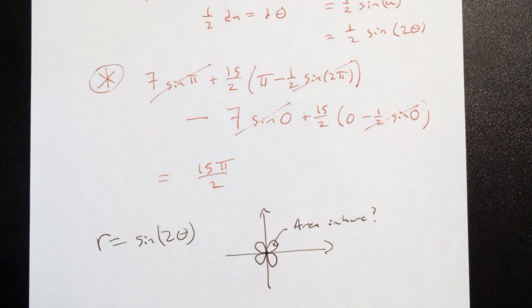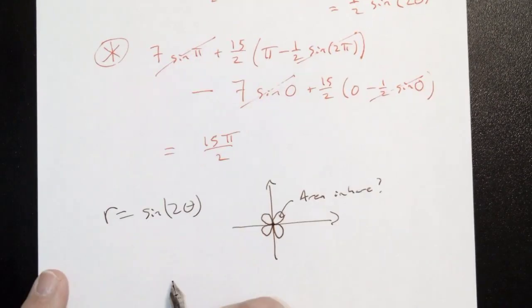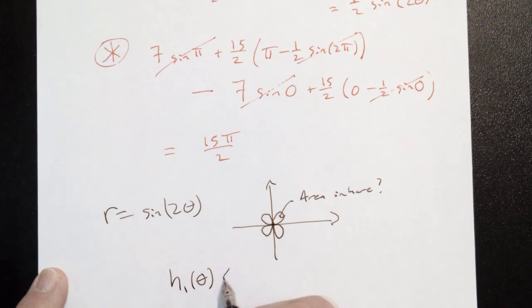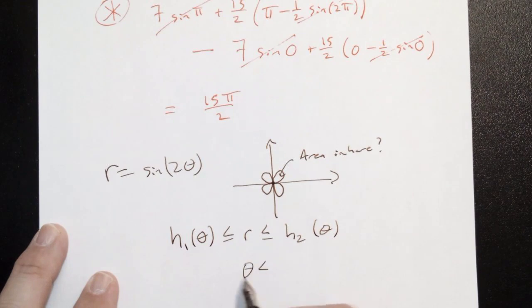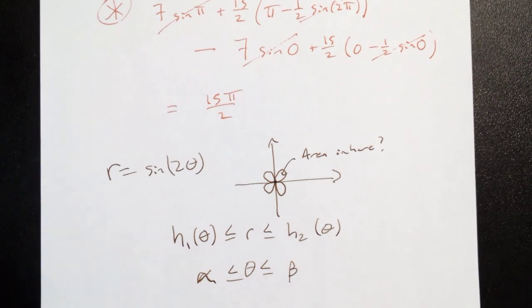So a type 1 region in polar, they don't call it that in the book, would make sense if I had a boundary in r that was a function, and then boundaries in theta that were numbers. The textbook uses alpha and beta for numbers for the angle rather than a and b, because a and b they think of radii, because r is in Roman and theta is in Greek.